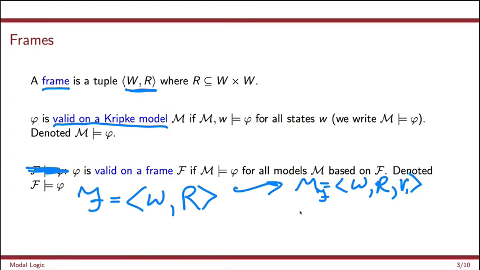So maybe V1, and then we look at another M prime F, so that'll be the same set of states, the same relation, but some new valuation function, V2, and so on. So saying that phi is valid on a frame means you're quantifying over all possible valuation functions, all possible ways of assigning sets of states to the atomic propositions. And this will be denoted phi is valid on F.